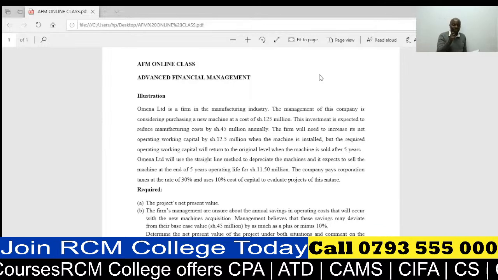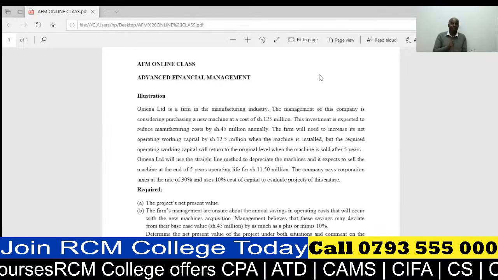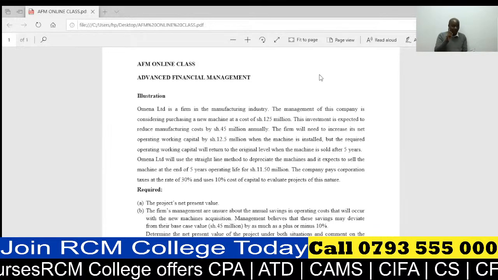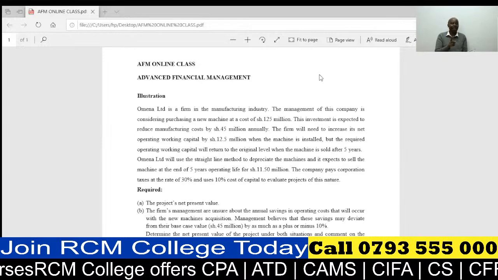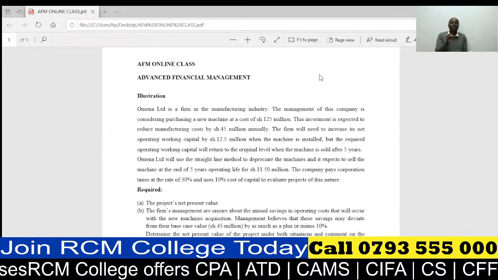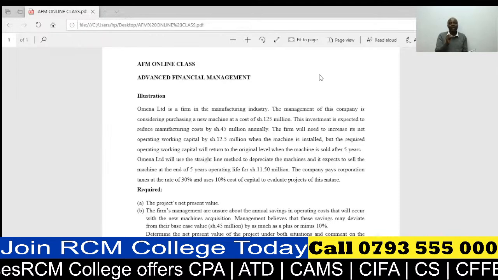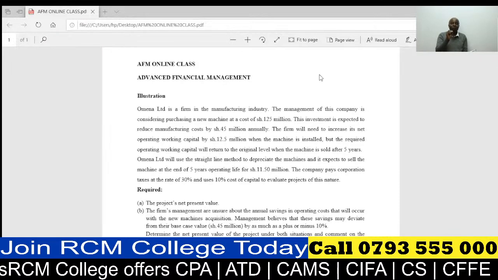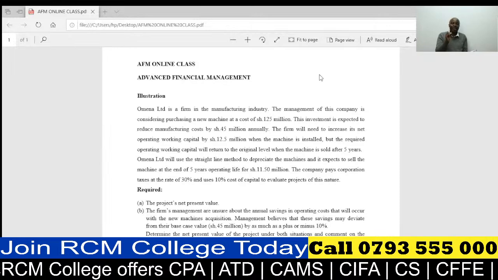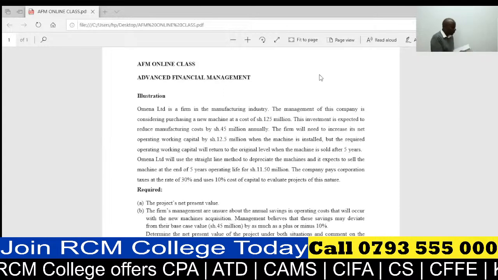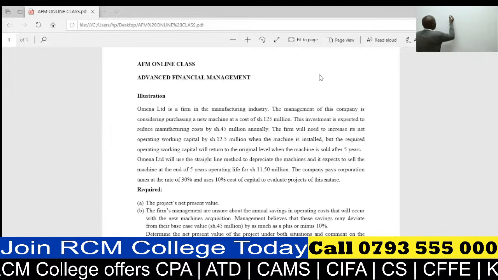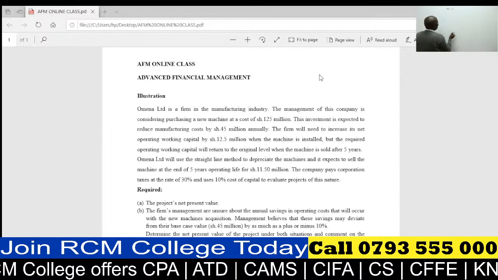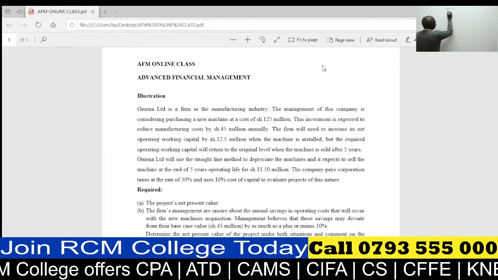Of importance here, the very first thing that has to be looked into is, ladies and gentlemen, number one, the issue of working capital changes. Working capital is introduced at the beginning of the project and the same working capital is released at the end. Whenever you see working capital in this case, you must always do two things.